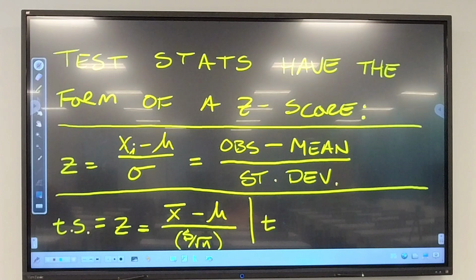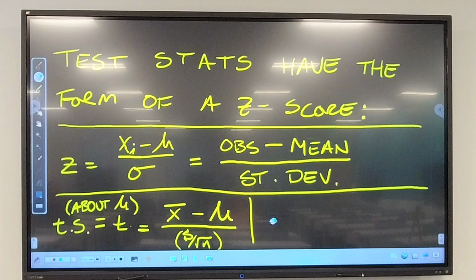That was if we were doing hypothesis testing about a proportion. Sorry, I messed up here. This is a mu, and so this wasn't a z-score, it was a t-score, and that was about a mean. If it was about a proportion, then it's a z-score.